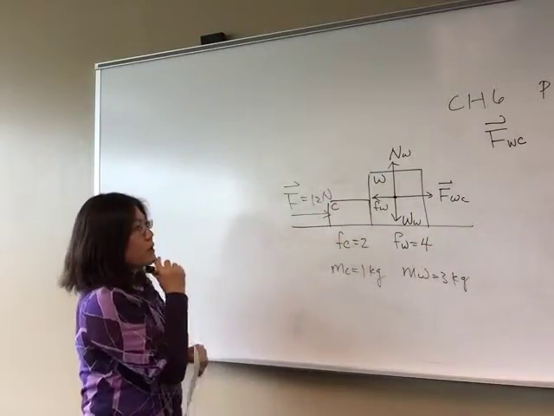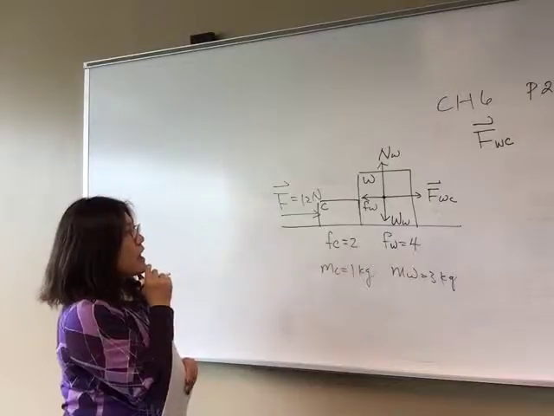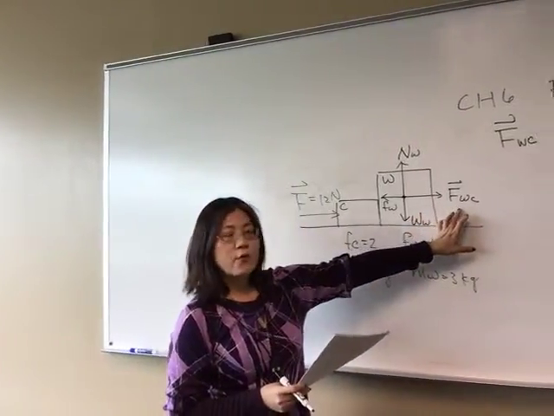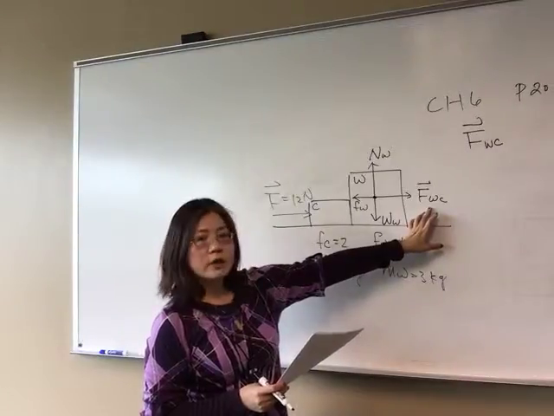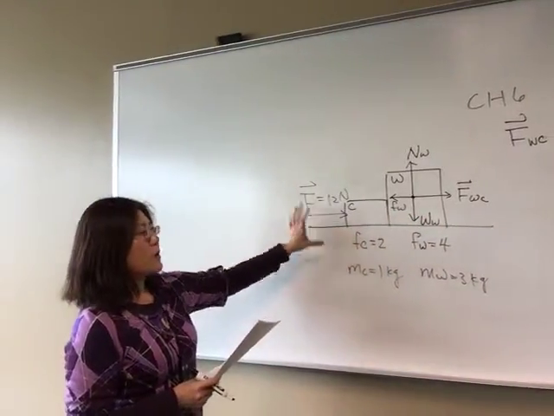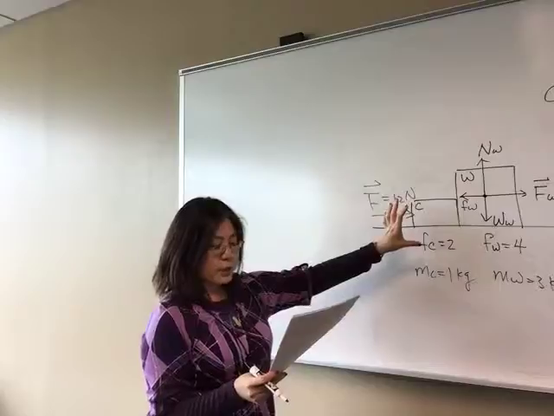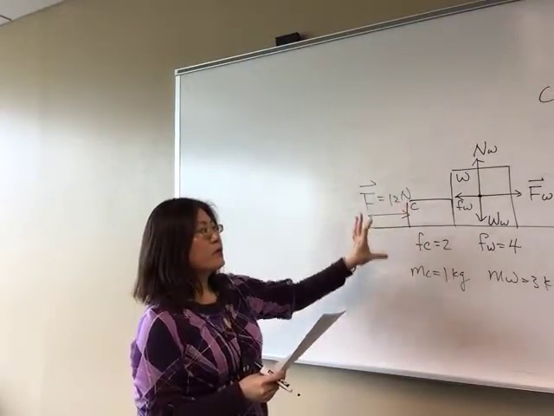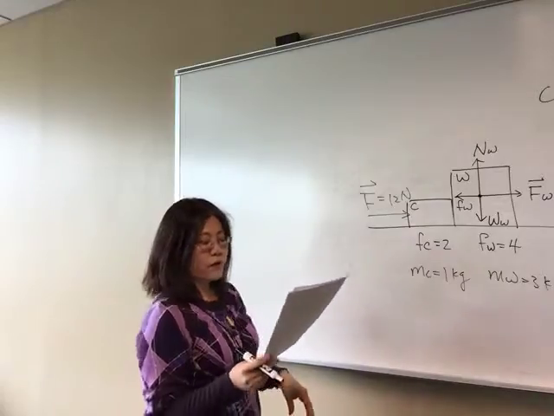Based on this diagram, we can easily calculate the force on the Wheaties by the Cheerio if we know the acceleration, because the whole thing is moving and has acceleration. So we need to figure out the acceleration of the system.